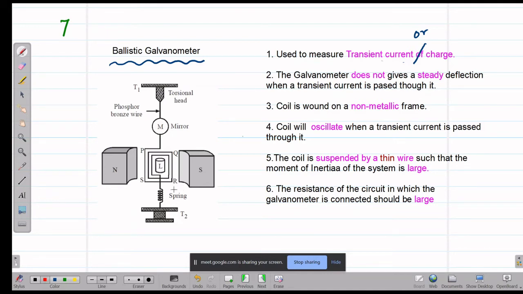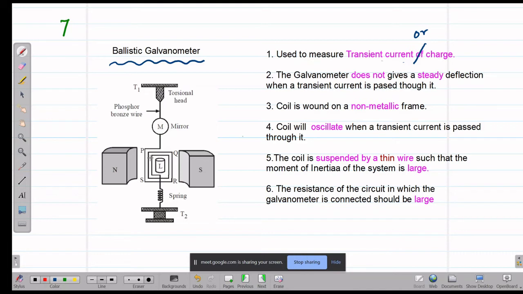Finally, the suspension wire, the phosphor-bronze wire, also has a very small concave mirror attached to it. The purpose of this mirror is to measure the deflection of the coil. That will again be a separate topic I will take: how to measure the deflection. Because the moment the current passes through this coil, as you would have guessed, the coil will turn because of the torque.